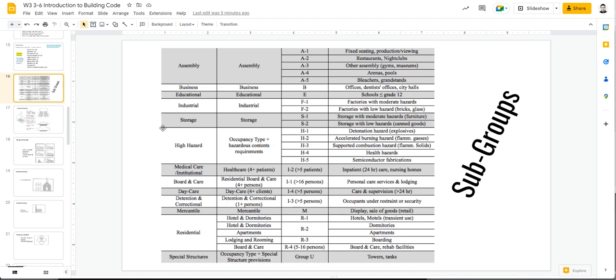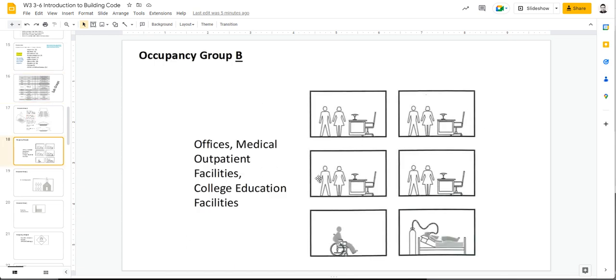And the rationale is that you might have more people in a college level with different uses, and so this occupancy group is different from a building primarily used by children, where you probably need a safer environment, which means that some requirements are going to be different compared to a building primarily used by adults.